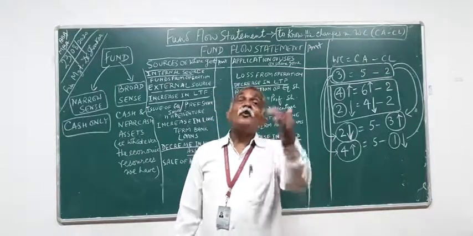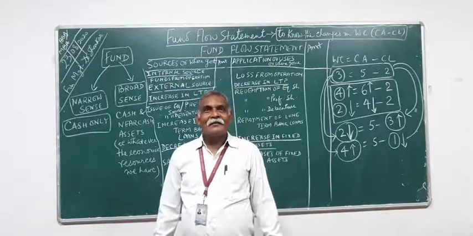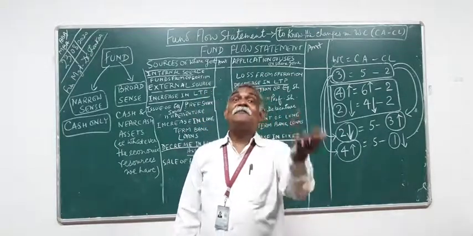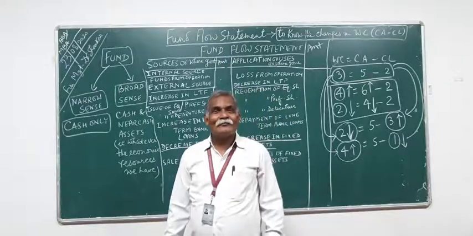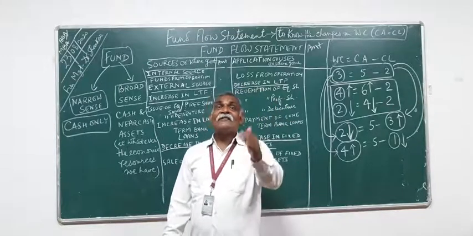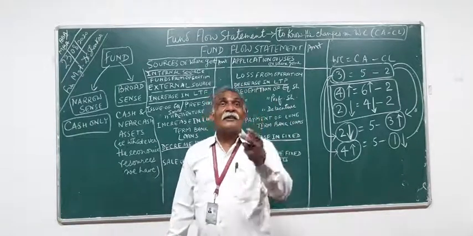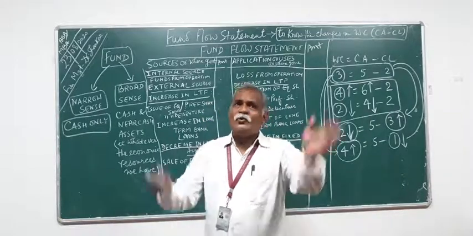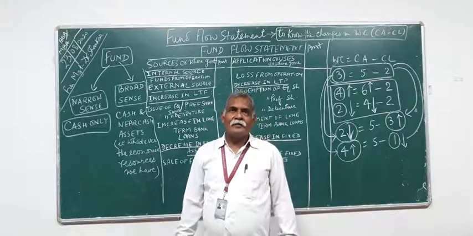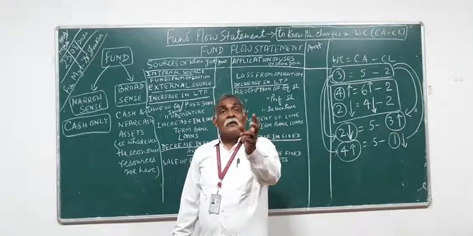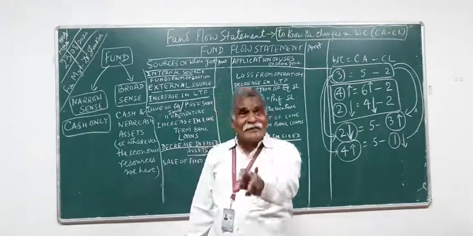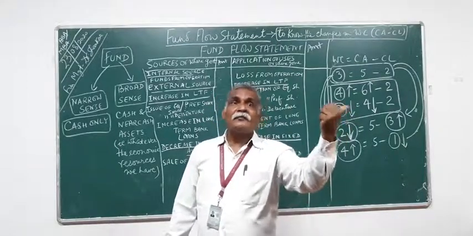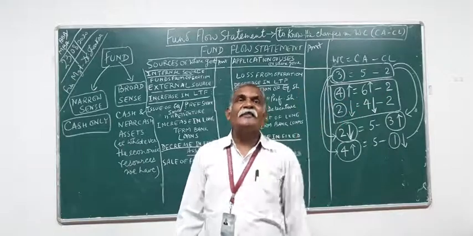In the same way, non-operating loss or non-operating expenses, that is expenses on issue of shares. Because at the time of issuing shares or debentures, some expenses are incurred which have no relation with operation. And these expenses on issue of shares or debentures, we consider on the expenses side of the PL account, and by that amount your net profit is decreasing.